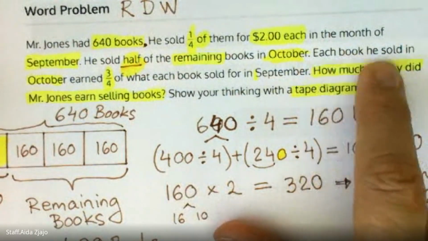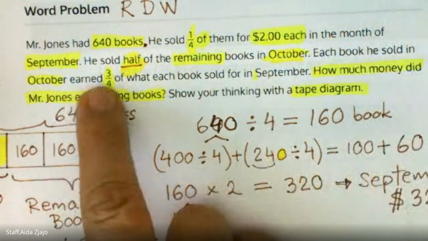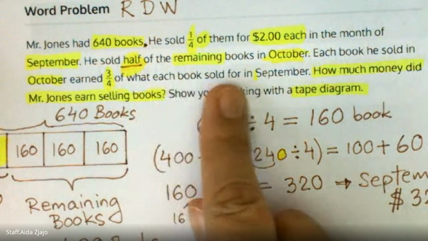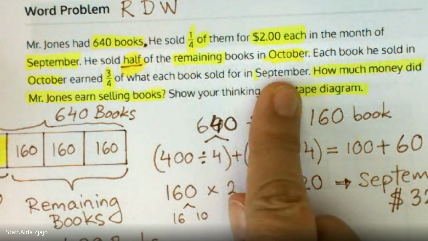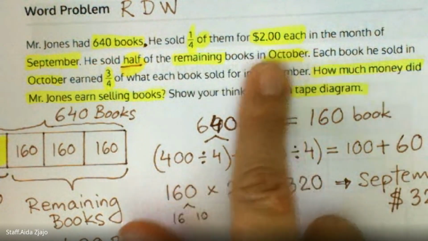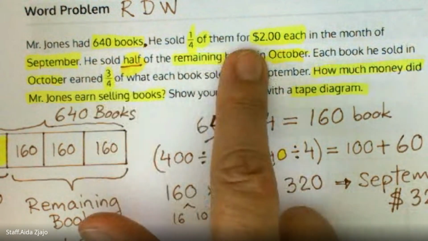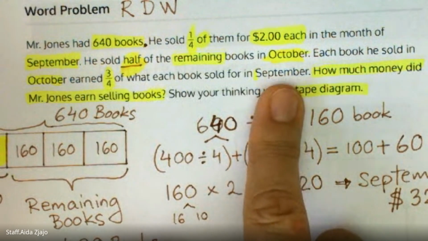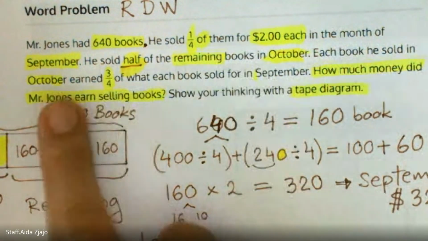Each book he sold in October earned three-fourths of what each book sold for in September. So each book in September sold for $2. So three-fourths of two would be the price for each book in October.